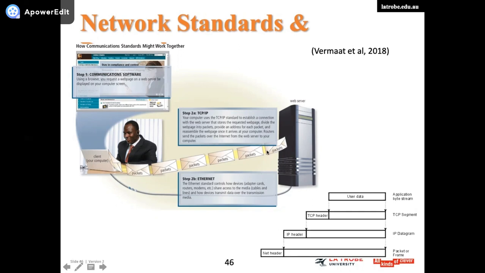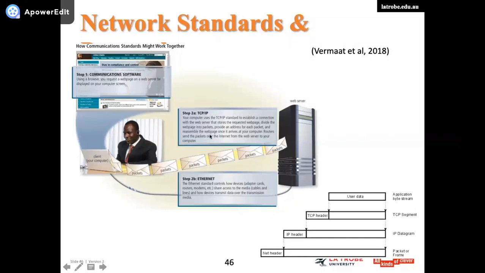So the routers along the way send this message over the internet from the web server to your computer. Okay, the first part is from the higher layers, from layer 3. But what happens on the low layers, on layer 1 and layer 2? In this case, since we are using Ethernet, that's the job of the Ethernet protocol.